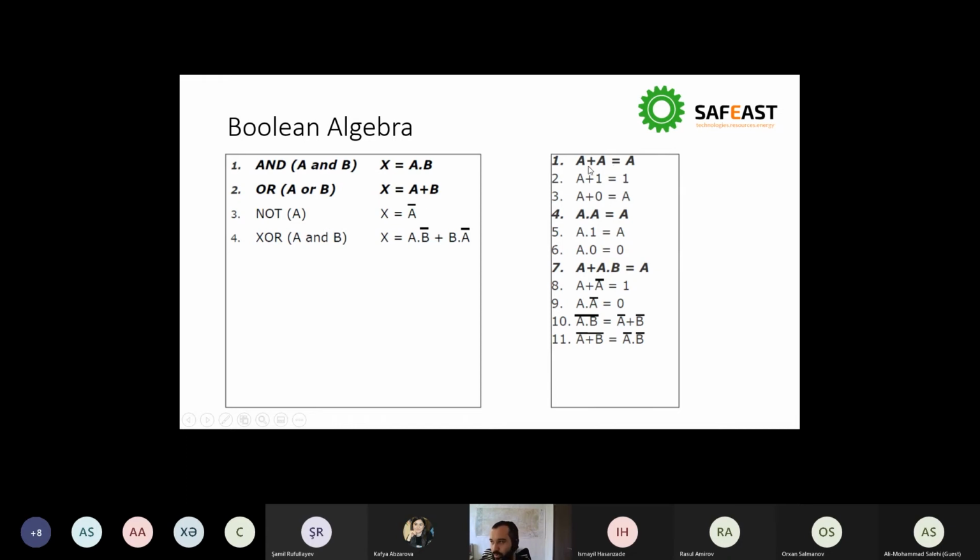In Boolean algebra, A plus A is equal to A, because you shouldn't give credit for the same thing twice. And A plus 1 in Boolean algebra is 1, because if something is certain, the probability should be 1, it shouldn't be more than 1. A plus 0 is again A, so this is the only thing that makes sense in Boolean algebra.